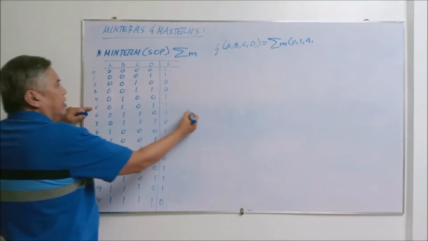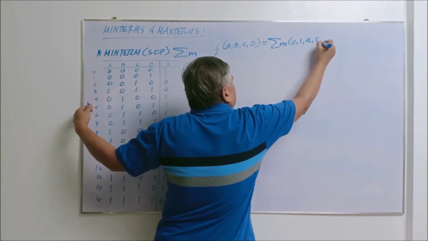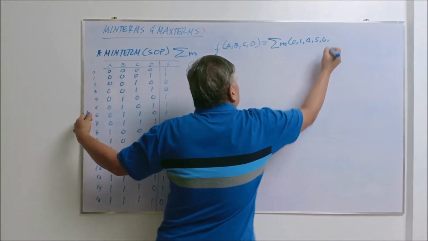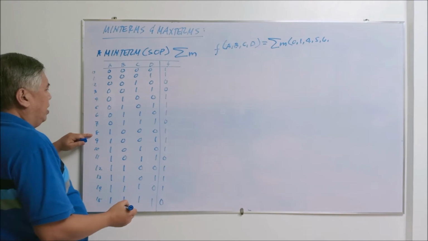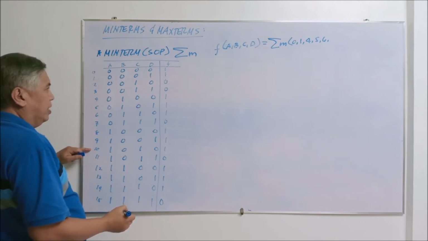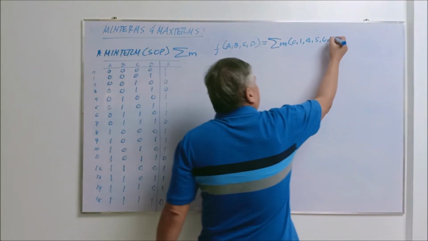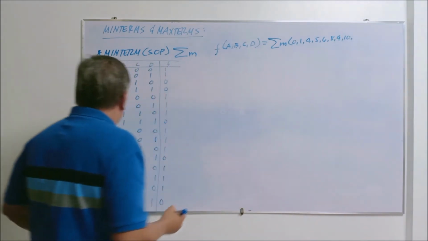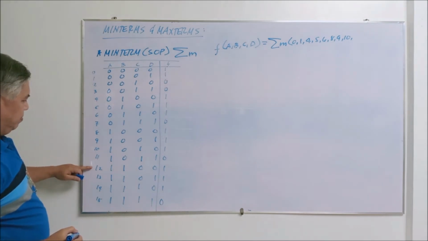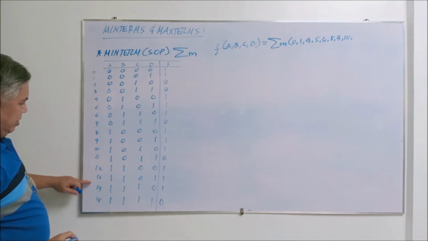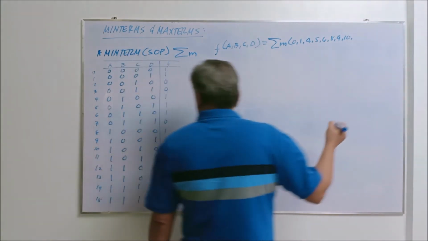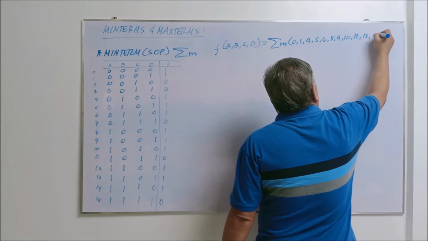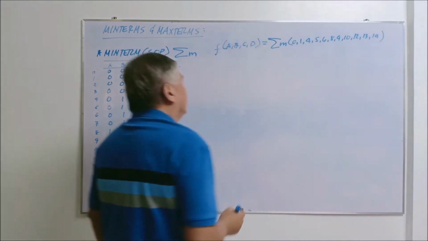Then you have 5, then 6, then 8, 9, 10, and then 12, 13, and 14. So these are your Minterms.